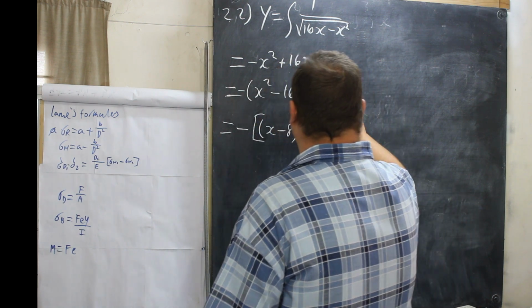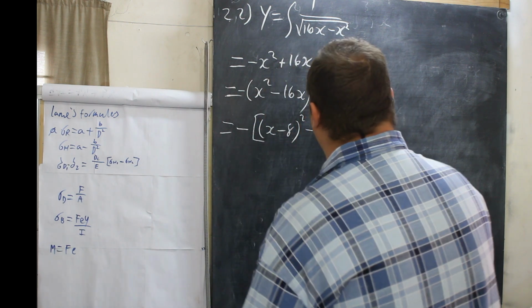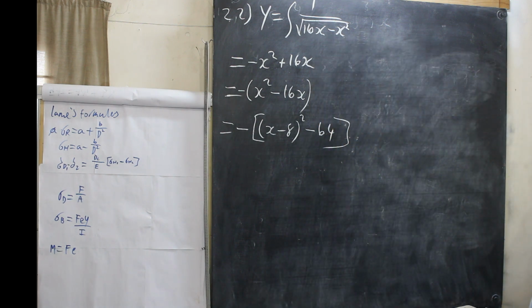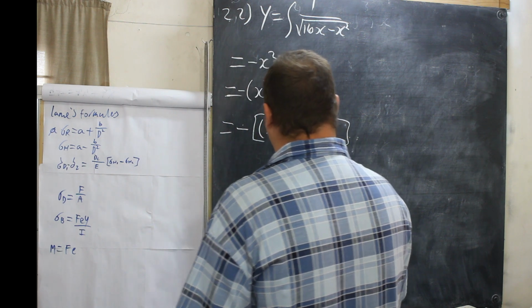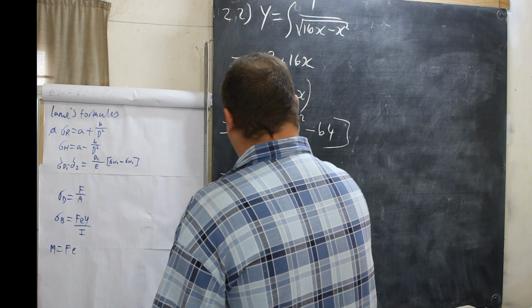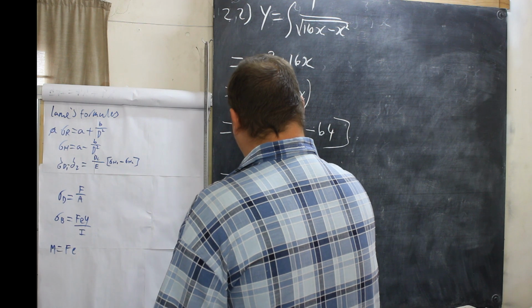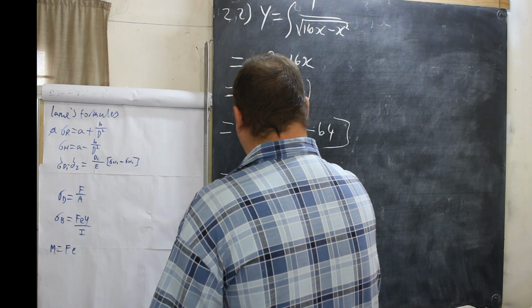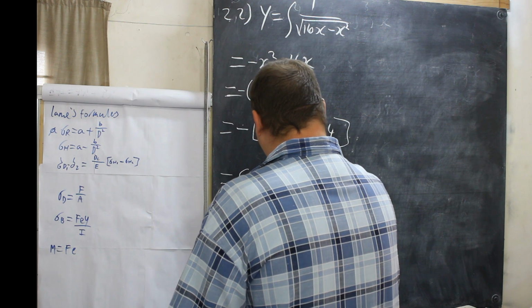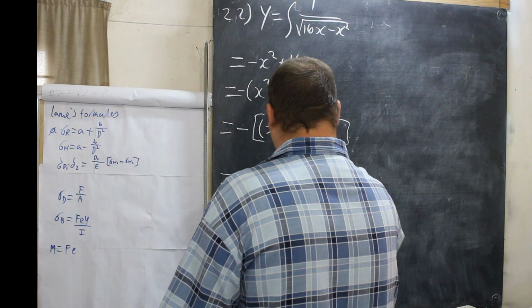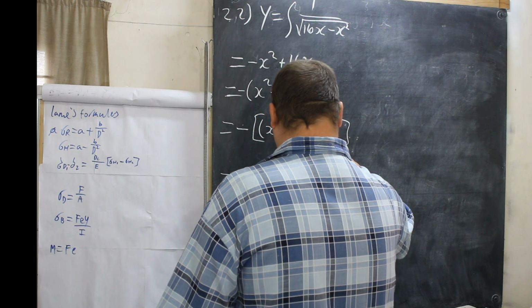So the minus times the minus becomes a plus. So it equals 64 minus (x minus 8) squared.